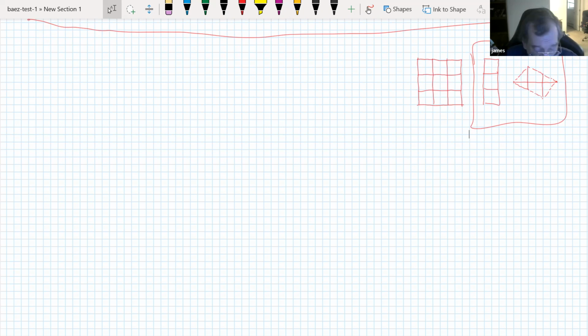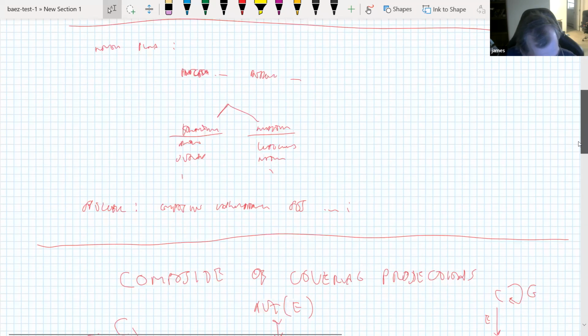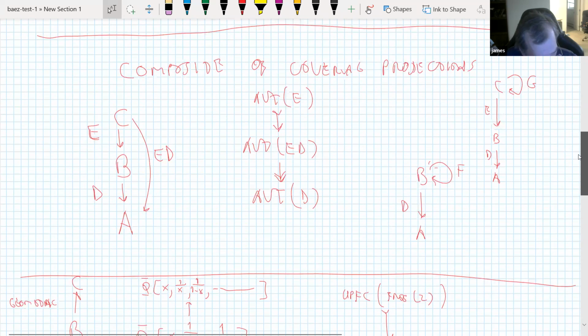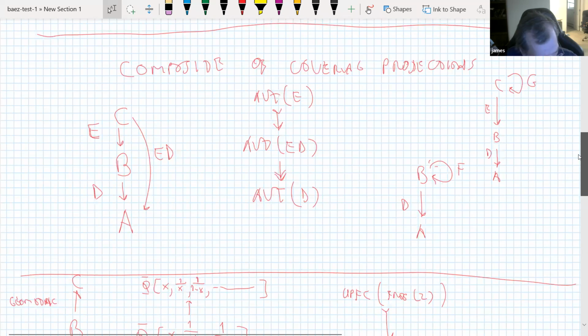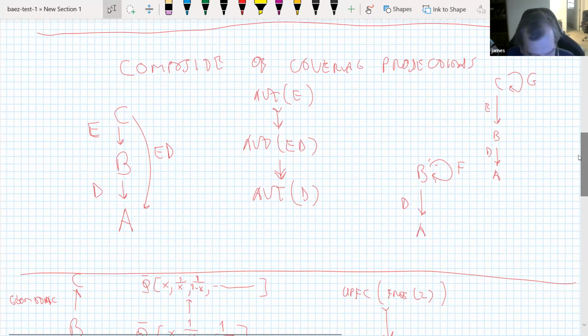So one of the things I wanted to do here is to take this very abstract general picture of this big short exact sequence involving the absolute Galois group and the universal profinite completion of the free group on two generators.